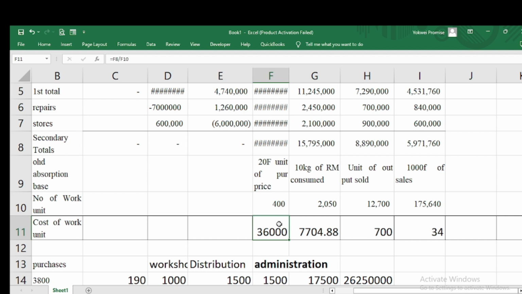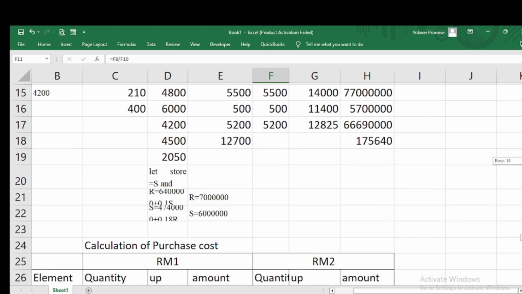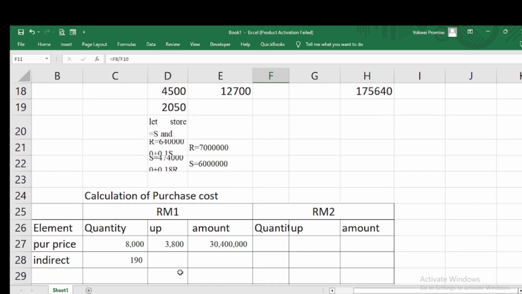That means if you make a mistake at this level, anything else you do down the line is going to give you wrong results. So I have 36,000. Alright, this will give you this.